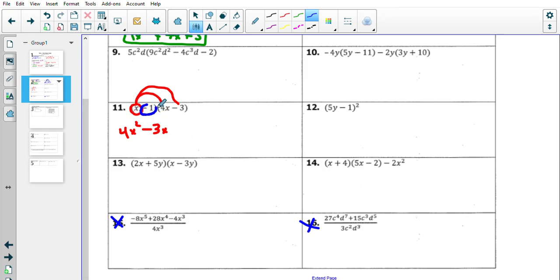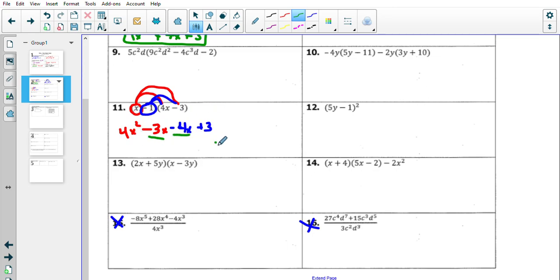Now we do the exact same thing, but with the negative 1. Multiply the negative 1 to the 4x and the negative 3. Negative 1 times 4x, negative 4x. And negative 1 times negative 3, positive 3. And remember, we did a bunch of problems like these where we do our multiplication, and the only thing we can do is combine the two terms that are in the middle.